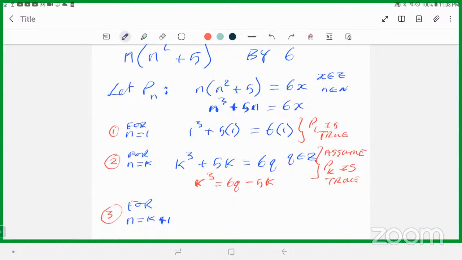So I'm going to get k plus 1 cubed plus 5 times k plus 1. You can't write equals 6 times, no. You have to show what this equals, and you're looking to use this result in it.